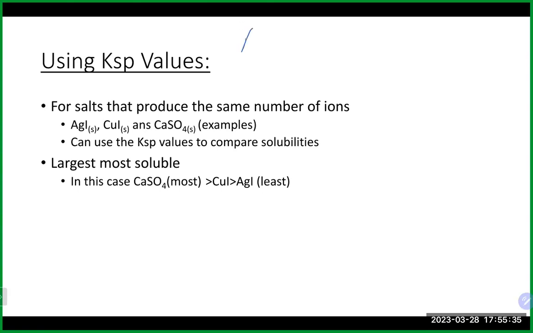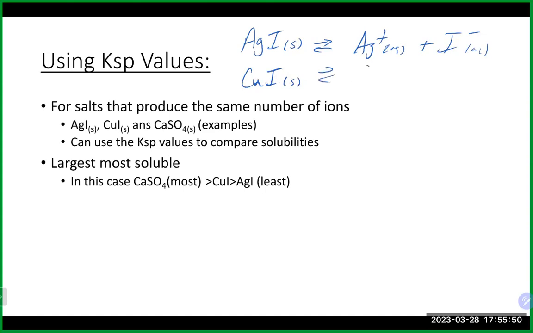So what I mean by that is if we look at silver iodide, when it breaks apart, it is a silver ion and an iodide ion. When we look at copper 1 iodide, when it breaks apart, we get a copper 1 ion and an iodide ion.